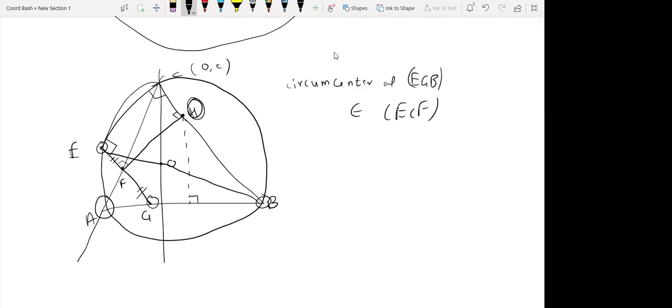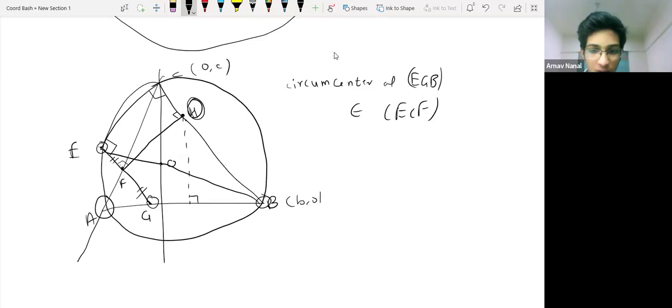So let's say A is minus b comma a, and B is b comma a. So E you get to be minus b comma minus a.